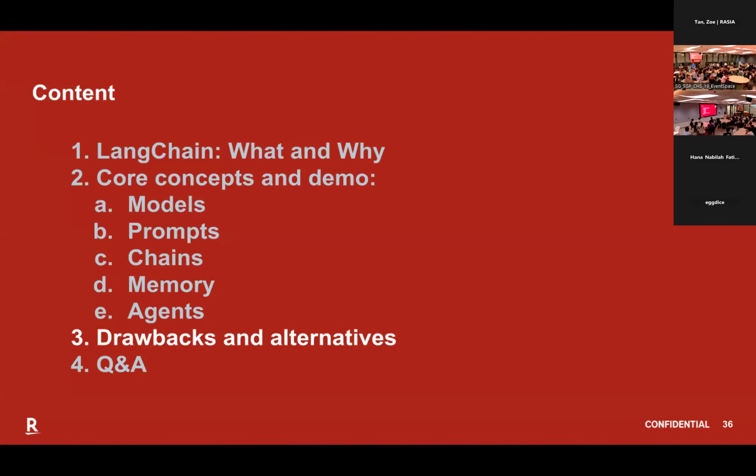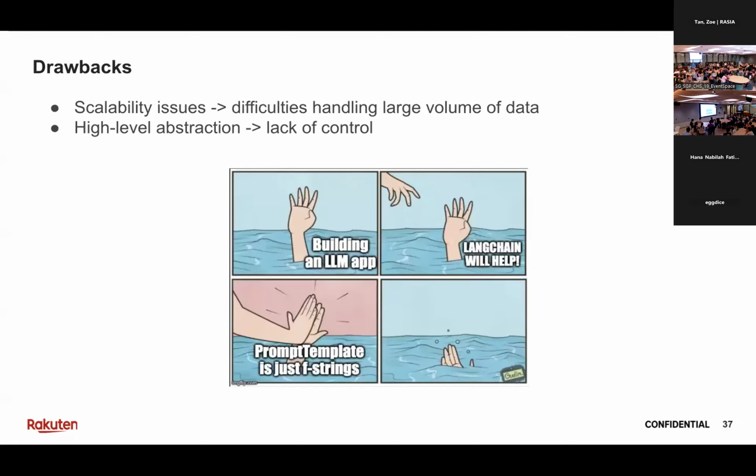Yeah, and of course there are some drawbacks and alternatives with LangChain. Personally, I've never really deployed LangChain into production, but I read in some open forums like the OpenAI community that the main drawback of LangChain is that it has a very high level of abstraction, which can make it very hard to control certain things. So there is a lack of control, because with LangChain, as we've seen, it has a lot of magic and voodoo.